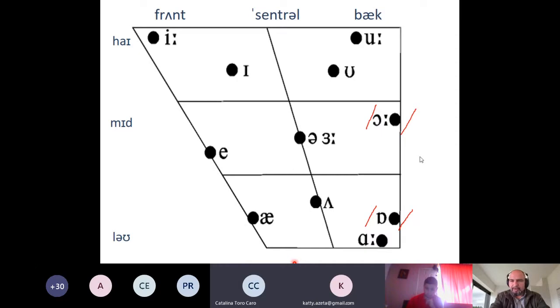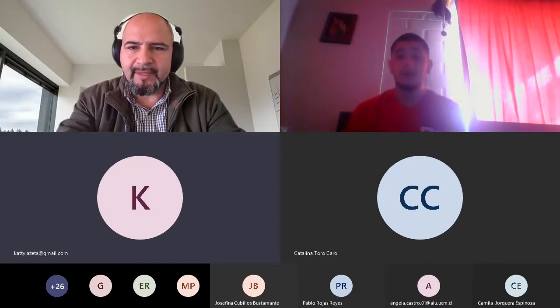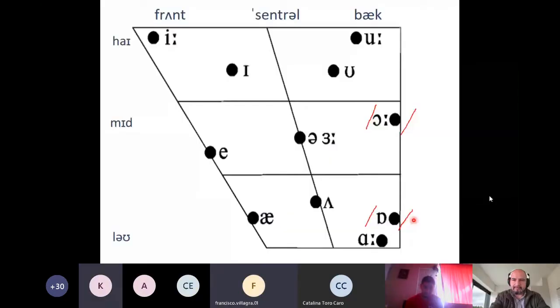Okay, I'm going to push to the front Francisco Villagra. So Francisco, I'm pushing you to the front so you can take a leading role and describe the short O sound, as in "got." All righty. Its sound is short, low, back, unrounded, and tense, I think.